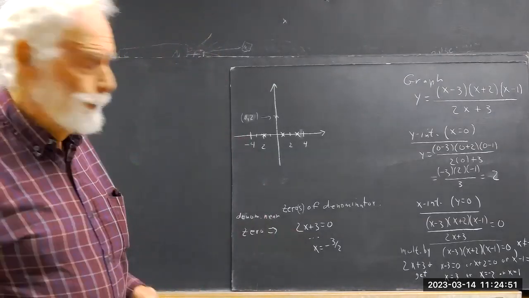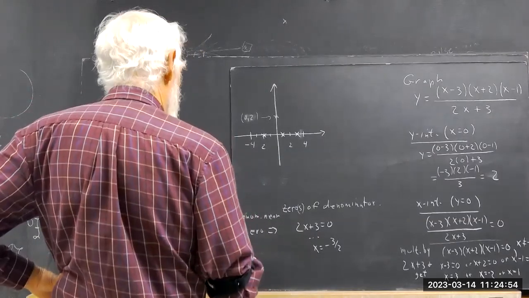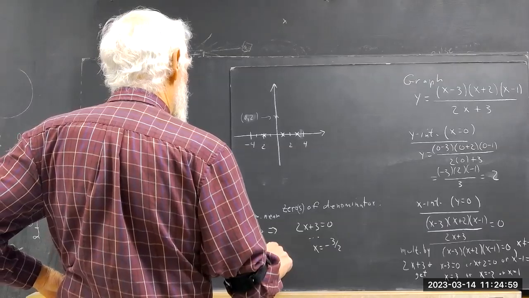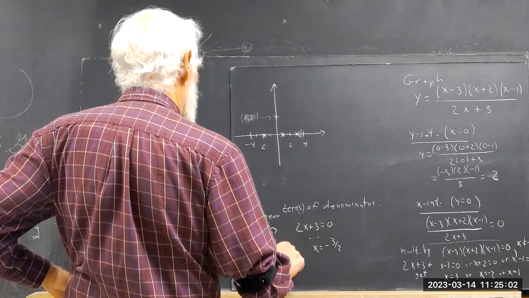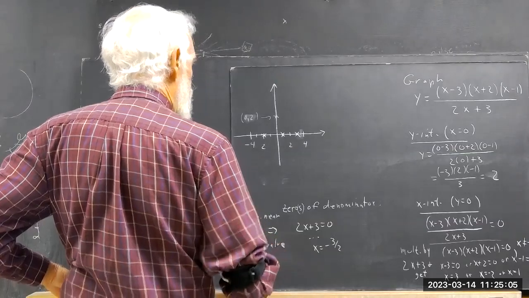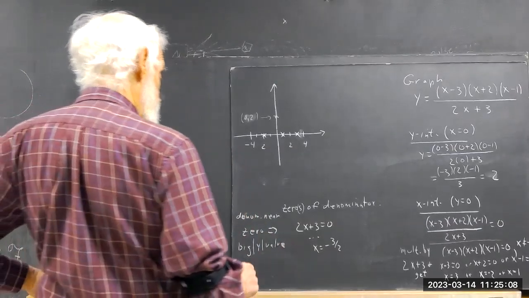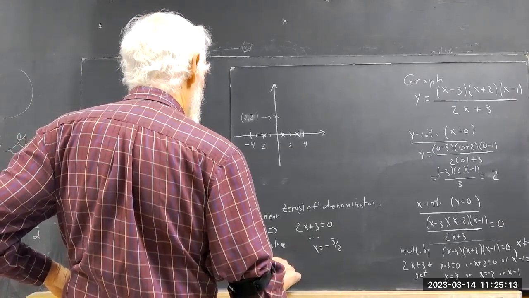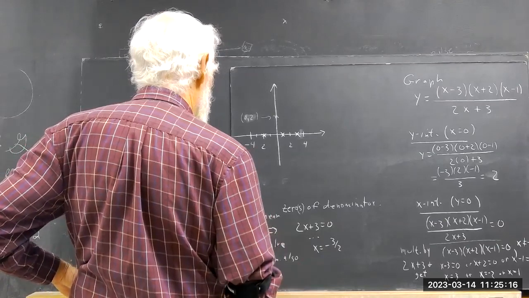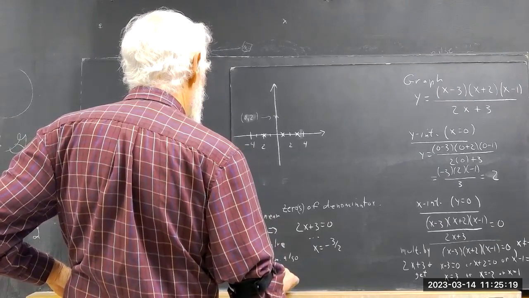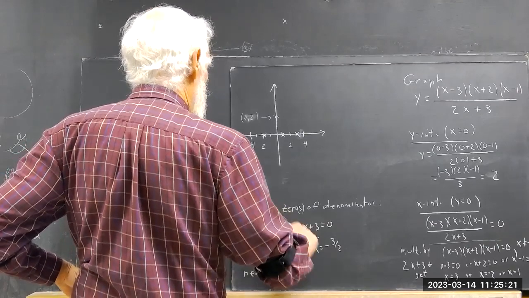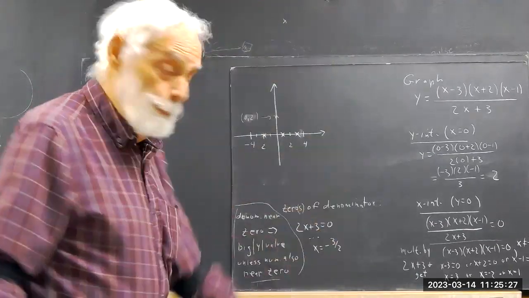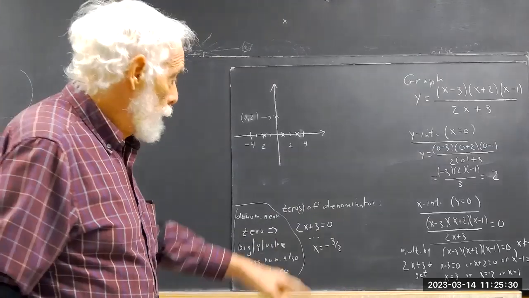Okay, denominator near zero implies a big absolute value of y value, unless the numerator is also near zero, which means that you're going to get great big positive or great big negative y values when x gets close to -3/2.